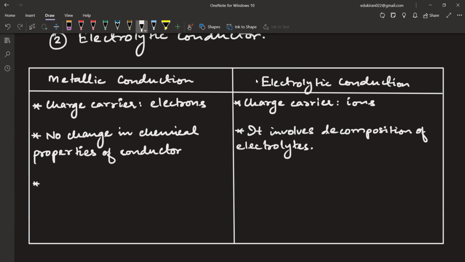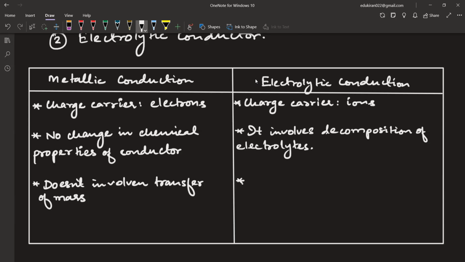Now, in the third case, if I pass current across a copper wire, its mass will not change, right? So there is no transfer of mass whenever we run electricity through wires. So we'll write: doesn't involve transfer of mass.